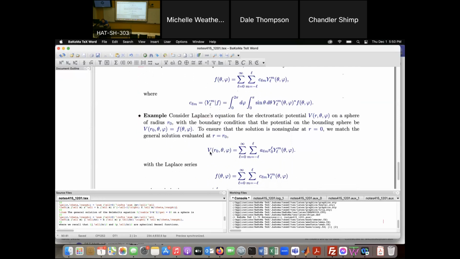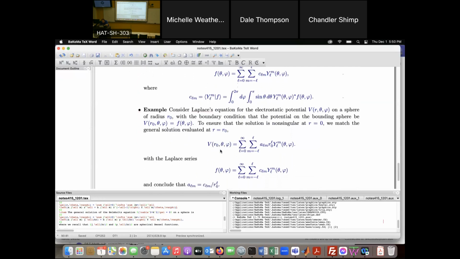So, imposing our boundary condition, we set r equal to r naught in here, but then this must be equal to f. But f itself is going to have this Laplace expansion, where we have these coefficients, C_LM, that are defined in terms of these scalar products of spherical harmonics with f.